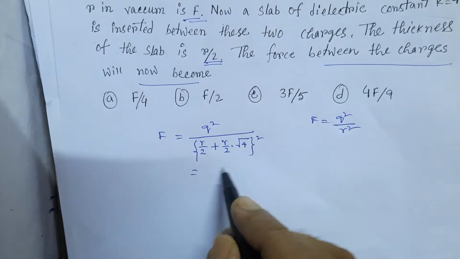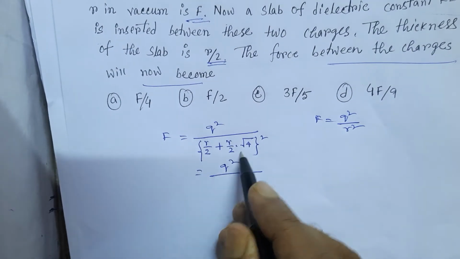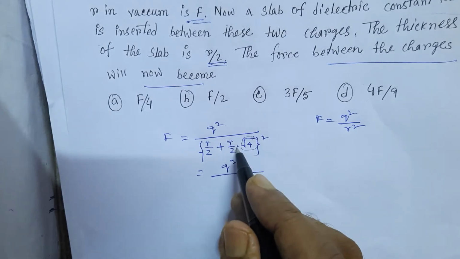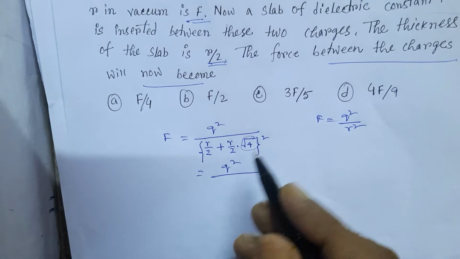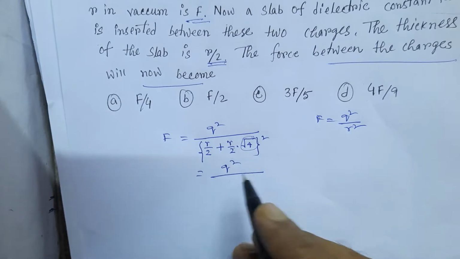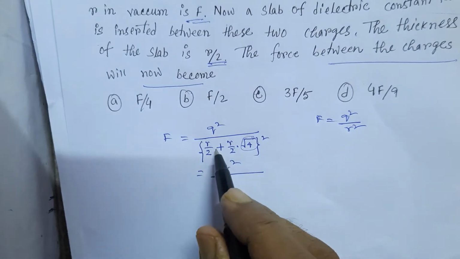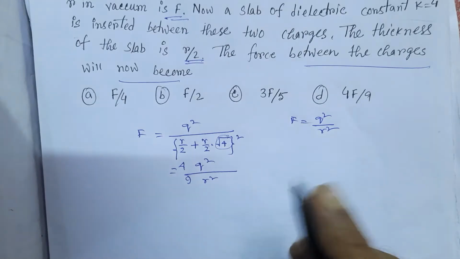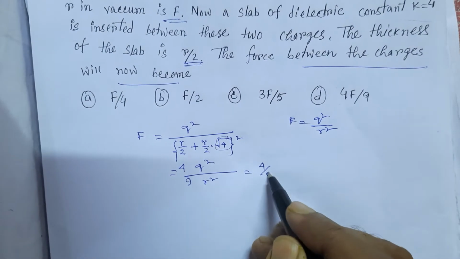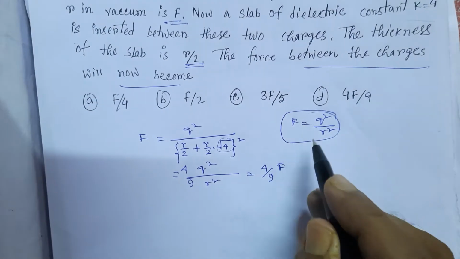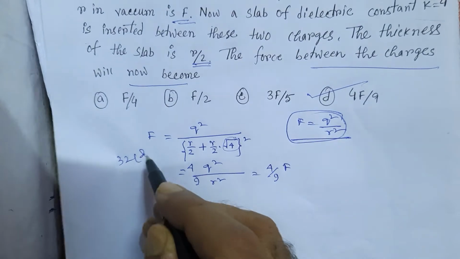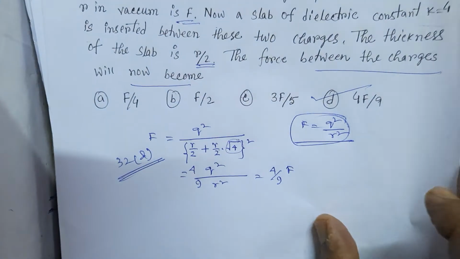Q square by... here 2 will come out from the root and this 2 will be cancelled out. R by 2 plus R, 3R by 2 whole square means 9 r square by 4, that is 4 by 9 into r square. So this is 4 by 9 into F, since Q square by r square is F. So D is the correct choice. So the question number 32 has the correct answer D.